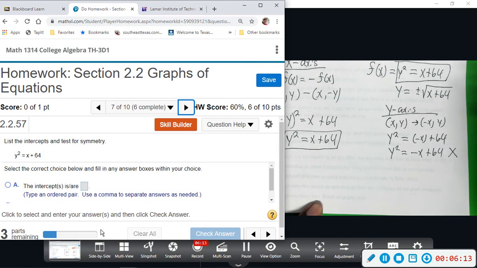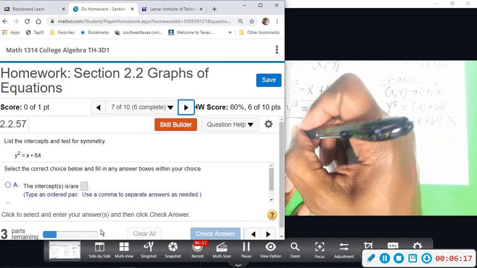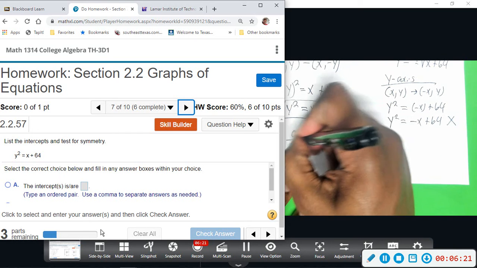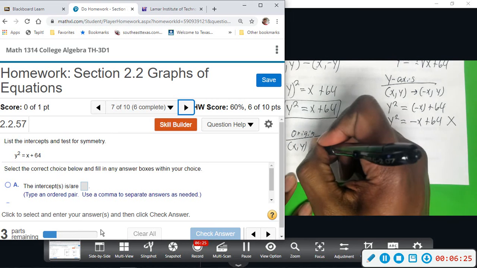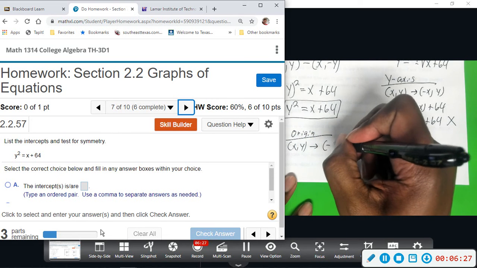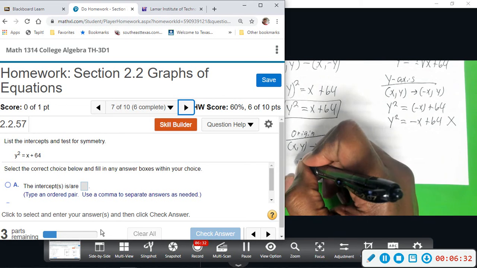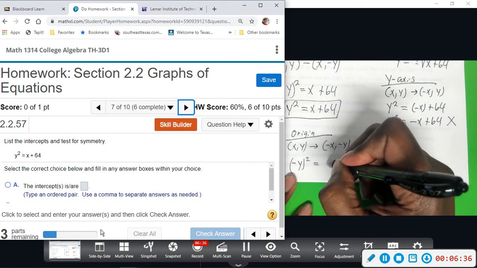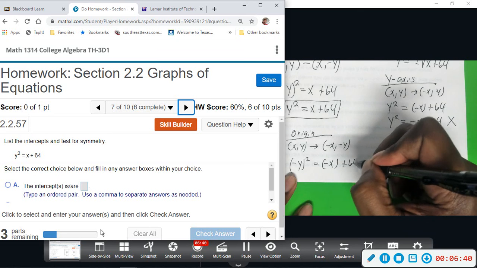Alright, now we want to do origin symmetry. So origin says we're going to change both. So we're going to take a positive x and y, and we're going to make it negative. Both of them, x negative, y negative. All right, so I'm going to say negative y squared equals negative x plus 64.